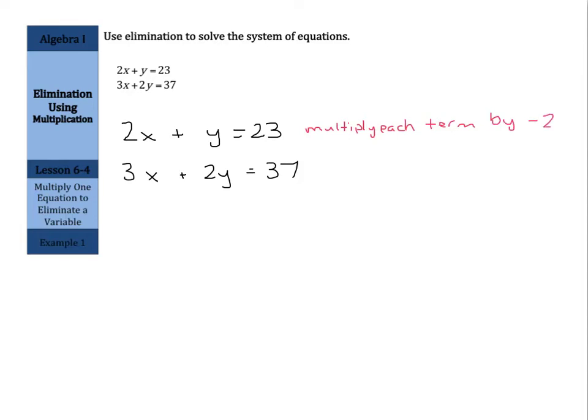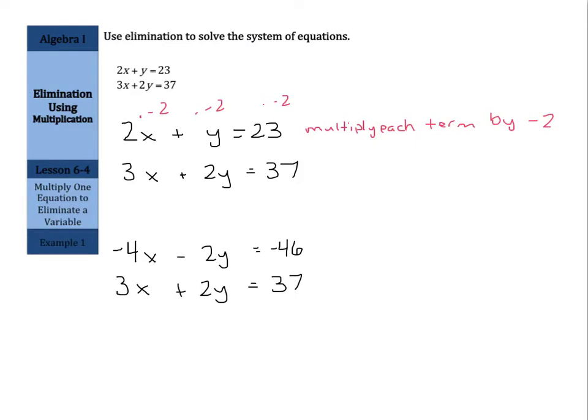So that changes that equation. If I multiply everything here by negative 2, we get negative 4x minus 2y equals negative 46. And we still have our second equation unchanged at 3x plus 2y equals 37.